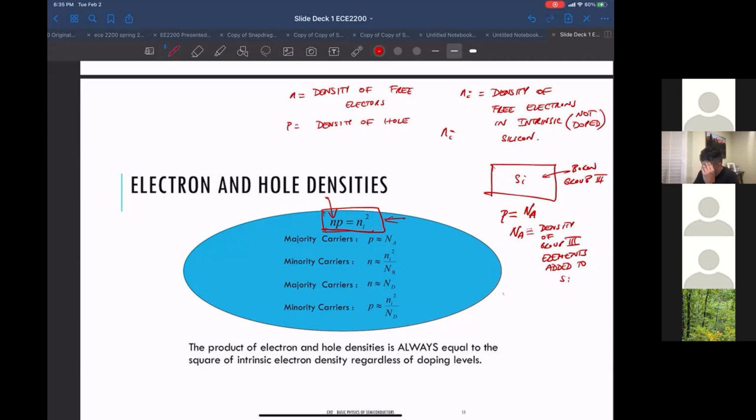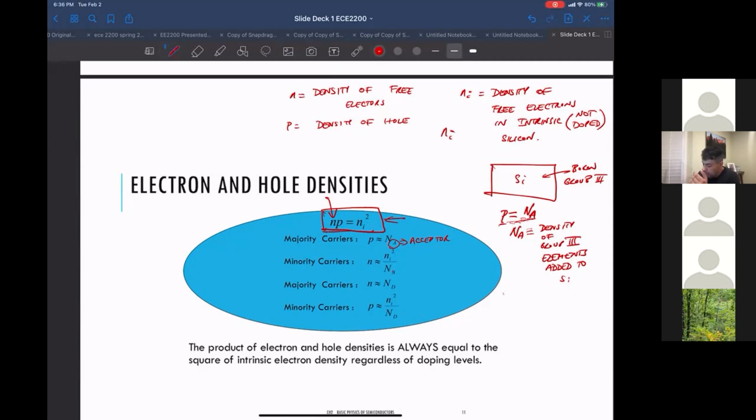So this is n sub A, where A stands for acceptor. And if we put in so many of these boron atoms that the density is much higher than the intrinsic density, we can by design make the number of holes equal to just the density of acceptors.